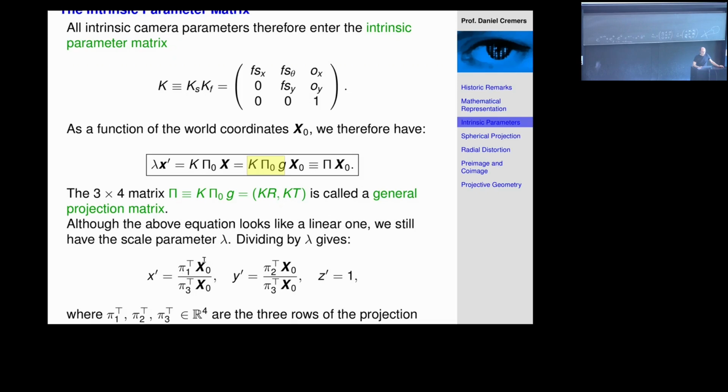Then x prime, so the pixel coordinate x component, is this one, with pi 1 being the first column of pi, and pi 2, pi 3, the three column vectors that make up the matrix large pi. And here you see the nonlinearity, that our unknown world coordinate vector enters both in the numerator and the denominator of this expression.